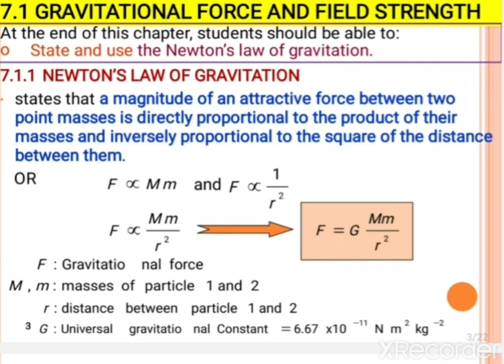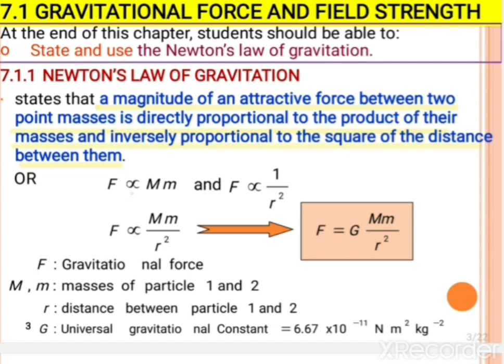Newton's law of gravitation states that the magnitude of an attractive force between two point masses is directly proportional to the product of their masses and inversely proportional to the square of the distance between them.